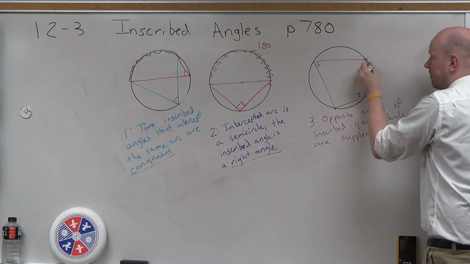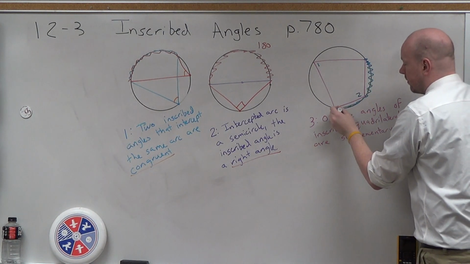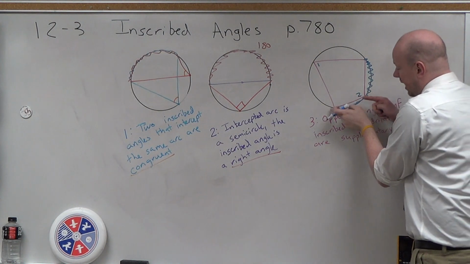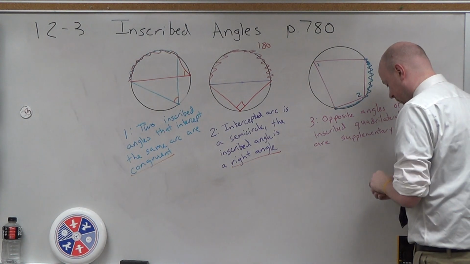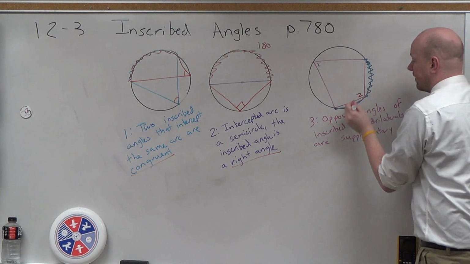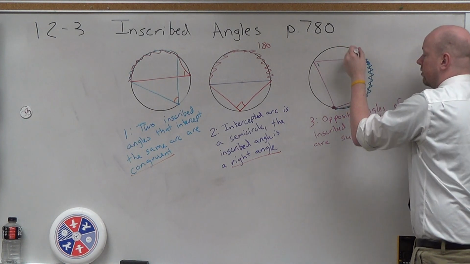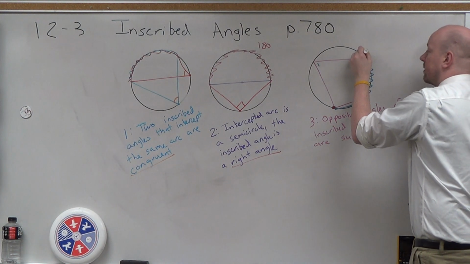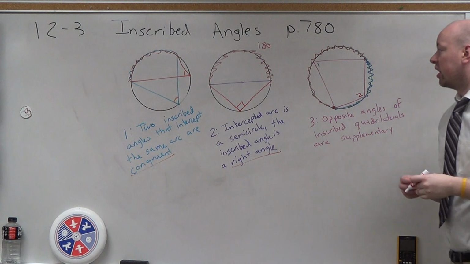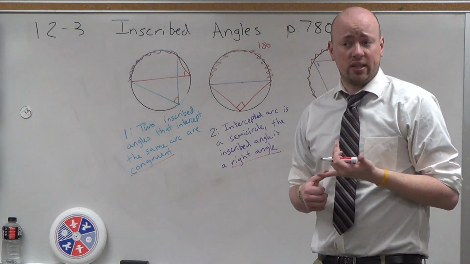So I would intercept this arc. Now, if I'm looking from angle 2's perspective, I'll use a different color. I'd get from here to, well, here. So I would intercept this whole thing. So together, they form 360 degrees.